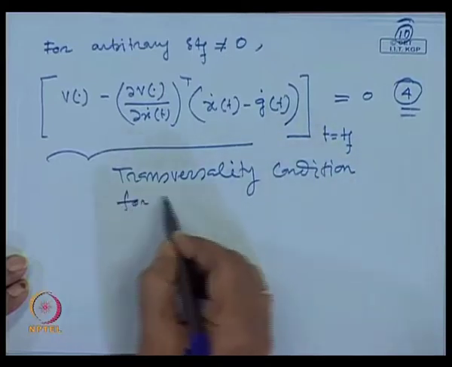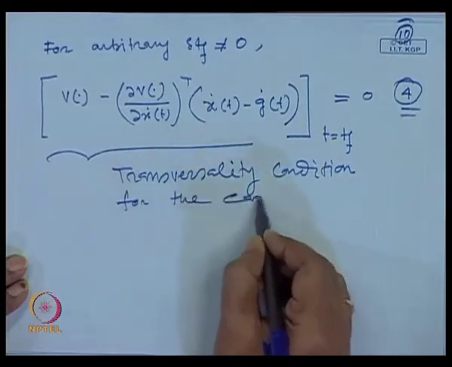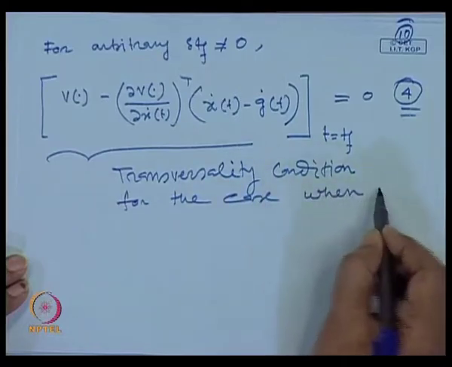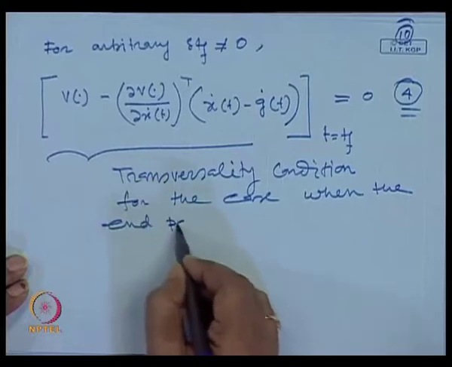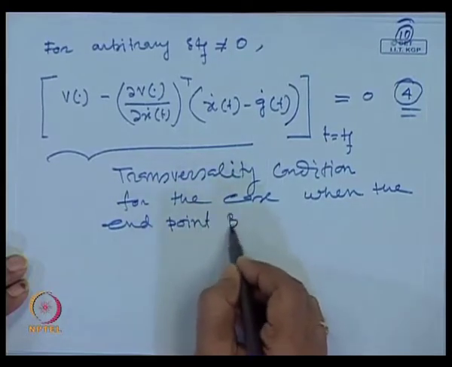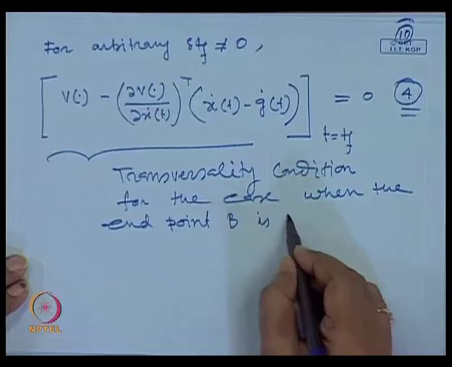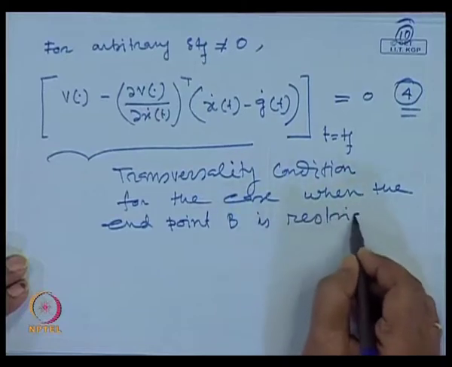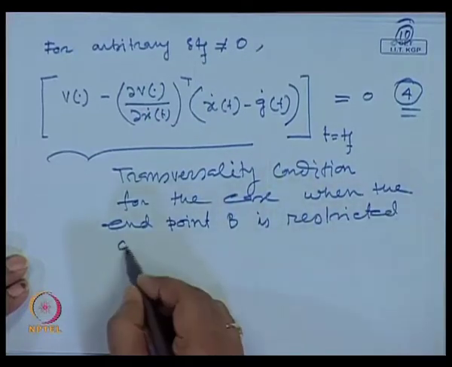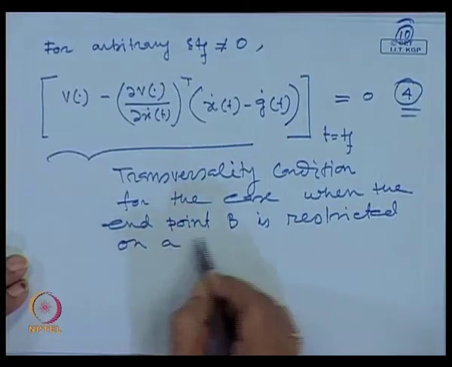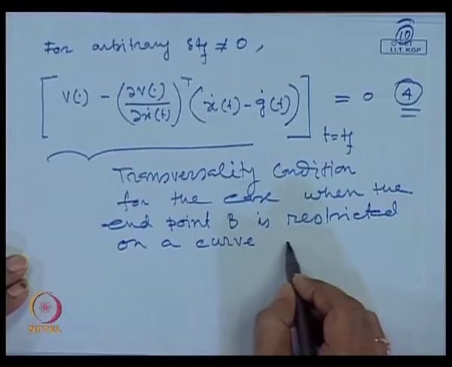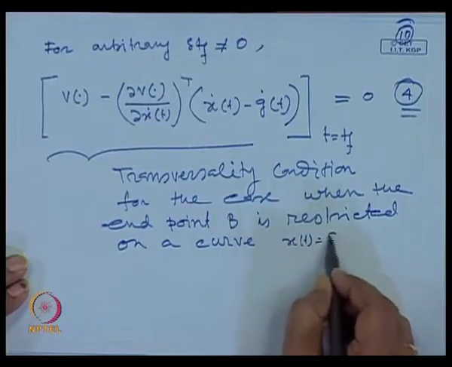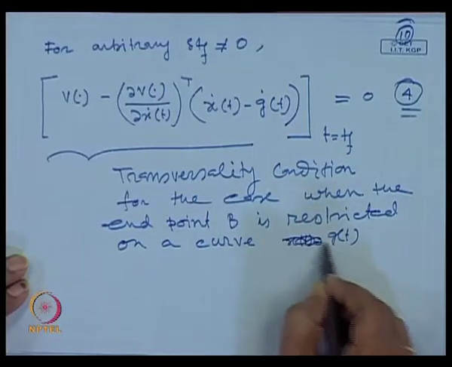for the case when the end point B is restricted on a curve x t is equal to g t, on a curve g t.